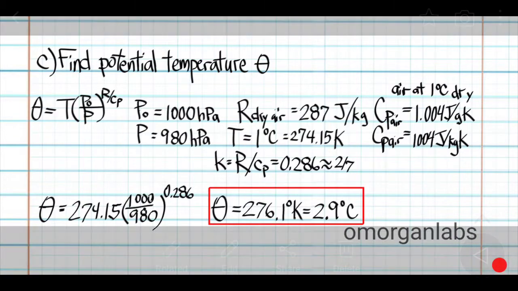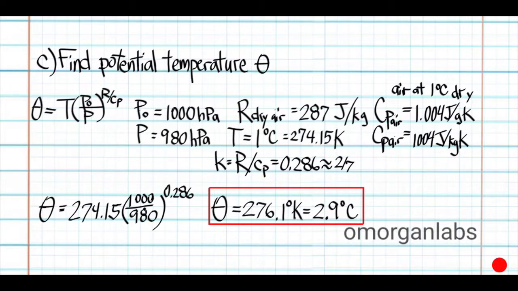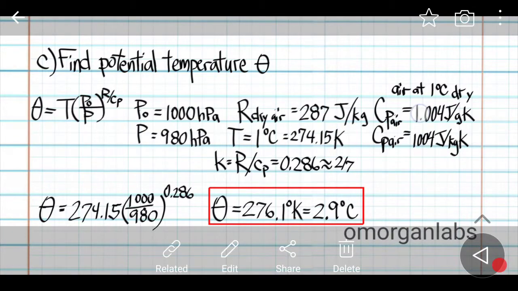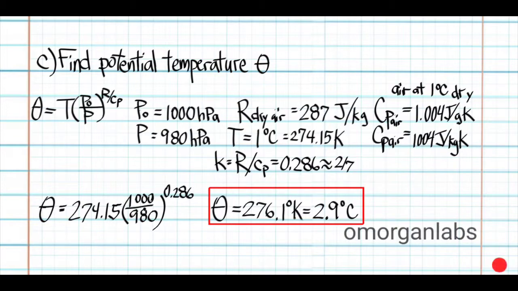Let's calculate it. Okay, so R for air is 287 joules per kilogram K. Our CP, we have to find a chart and get CP at 1 degree Celsius. And after we do that, we find that it's 1.004 joules per gram K. Now we have to do a little math here because in order for the units to work out, you have to have joules per kilogram.